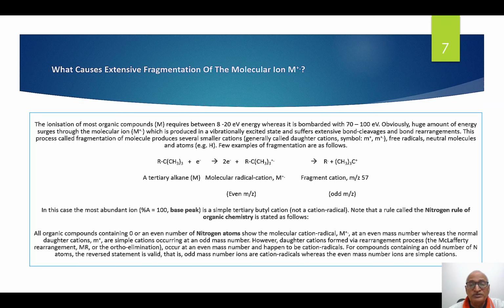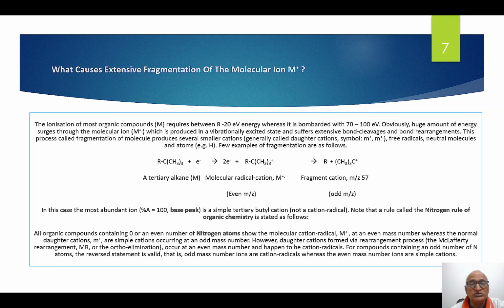However, if the daughter cations also possess radical character along with the positive charge, again their mass number will be even. When the molecule contains one nitrogen or three nitrogen atoms, that is an odd number of nitrogen atoms, the reverse statement applies. That is, the molecular mass number of the original molecule will be odd, not even.